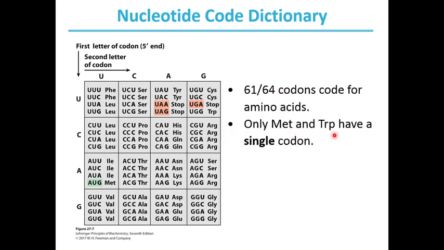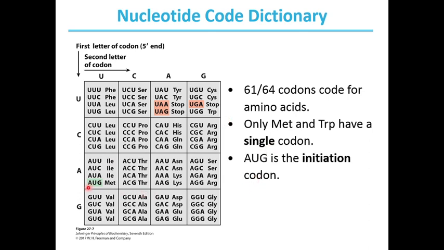Only methionine and tryptophan have a single codon. Methionine, as you can see, only AUG codes for methionine. Tryptophan, UGG codes for tryptophan. And so both these amino acids only have one codon.